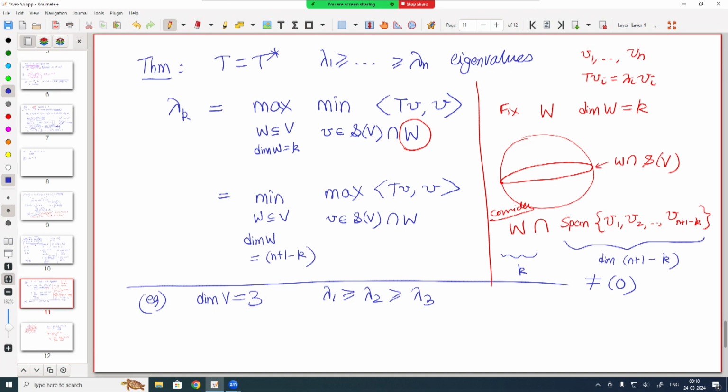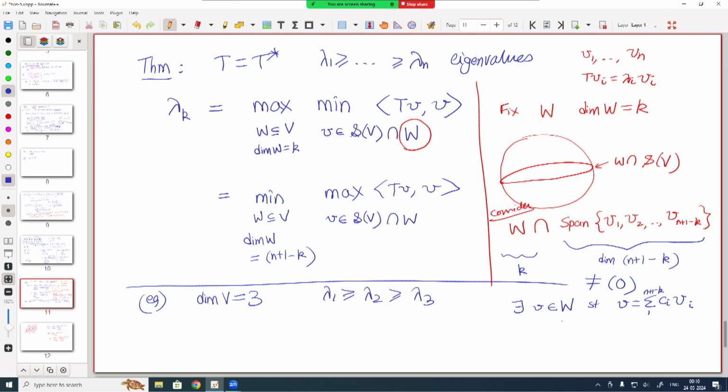So there exists a vector v in W such that v is a linear combination of n plus 1 minus k of the vi's.